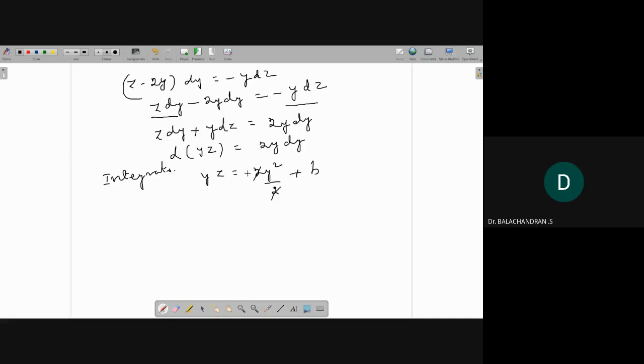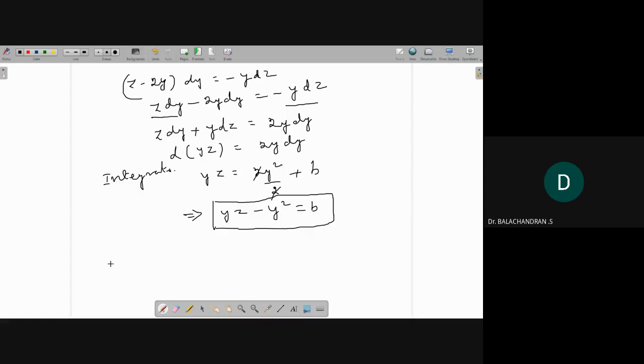I'll take b. So yz minus y square. This implies yz minus y square equal to b. So this is v of x comma y comma z equal to b. So you can easily check that the previous solution and this solution are independent.